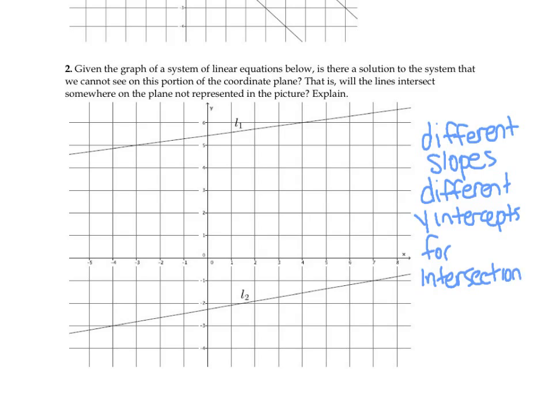So we should check on our graph if we have different slopes and different y-intercepts.